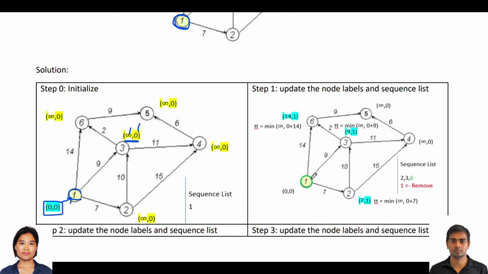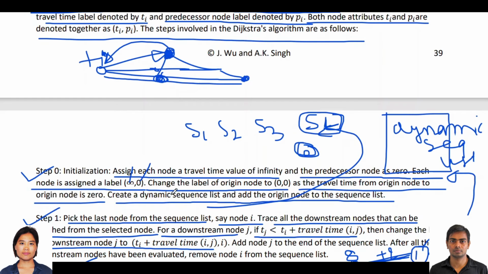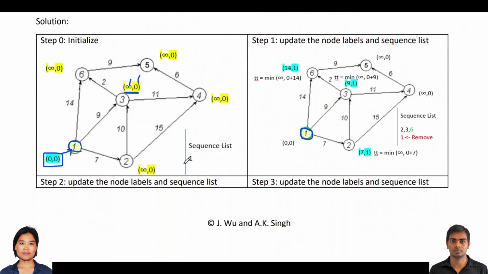Next, we will figure out all the downstream nodes of node 1 and put node 1 on the sequence list. So here during initialization, we will add the origin node to the sequence list. So now my sequence list has 1 in it.